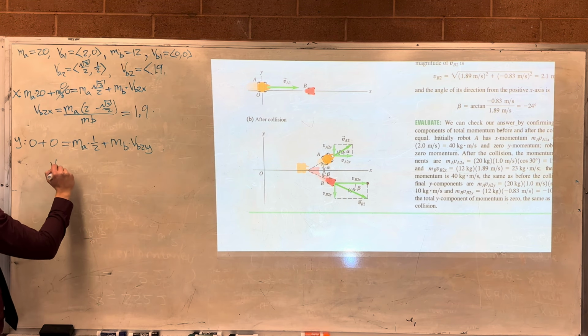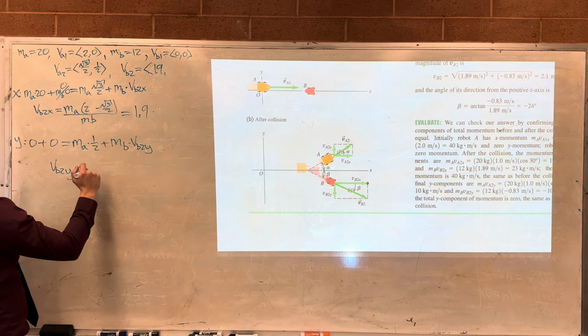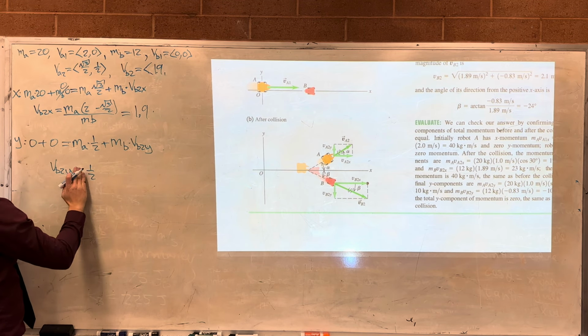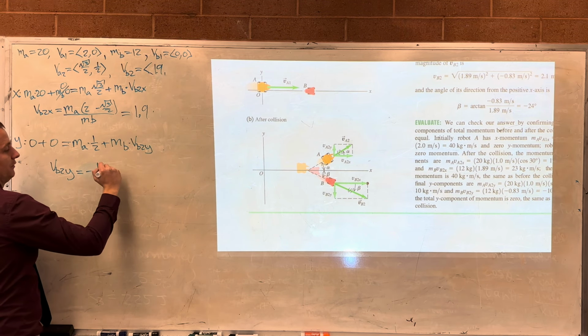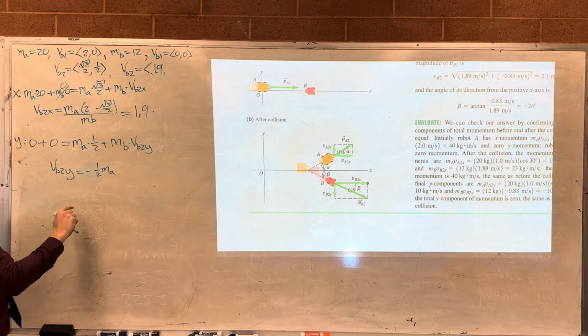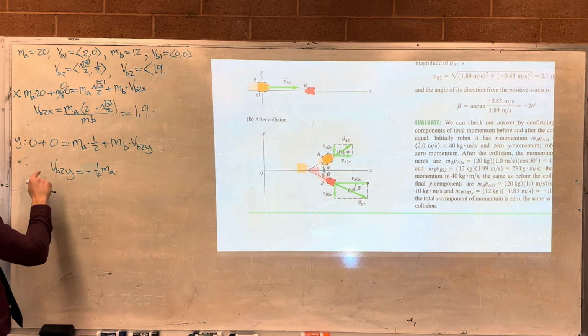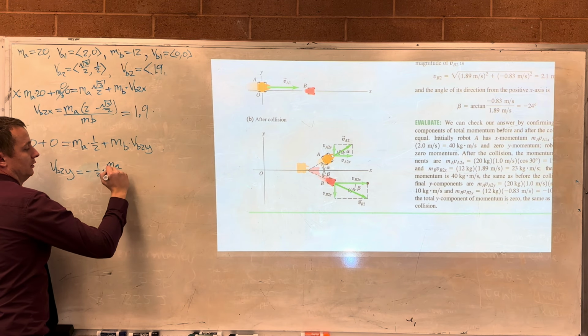So VB2y is going to be equal to, move this to the other side, negative 1/2 MA divided by MB, right? Because the MB would be over there divided out. So 1/2 times MA over MB.